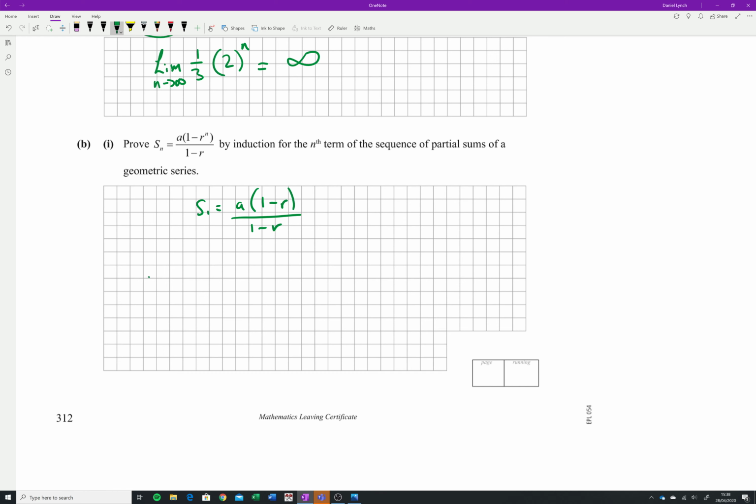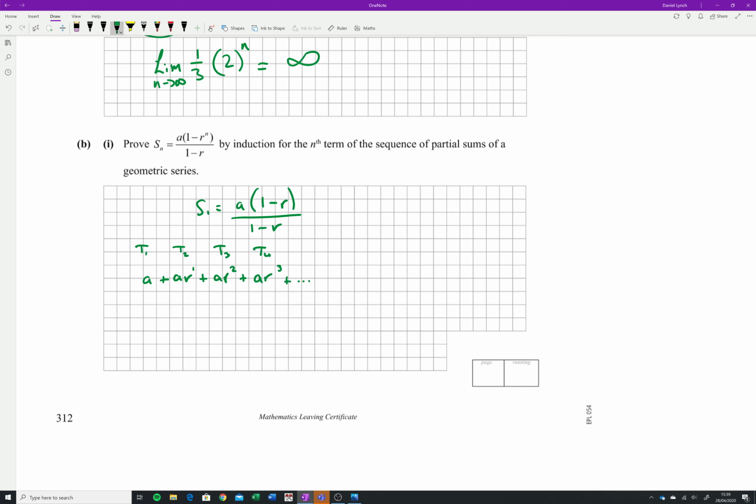The left-hand side is a plus ar plus ar squared plus dot dot dot, because it is a geometric sequence, plus ar to the power of, now what does it finish with? This is ar to the power of 1, ar squared, I'll just put in the next few, ar cubed, etc. This is T1, T2, T3, T4, etc.